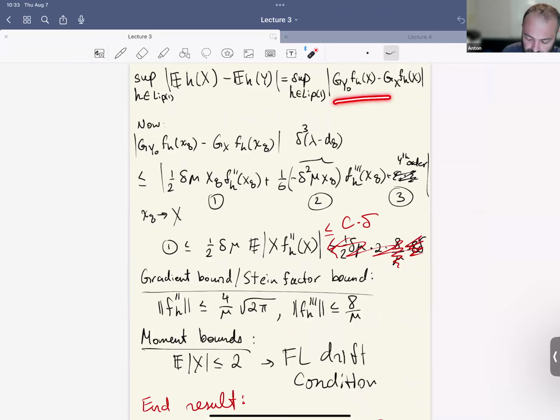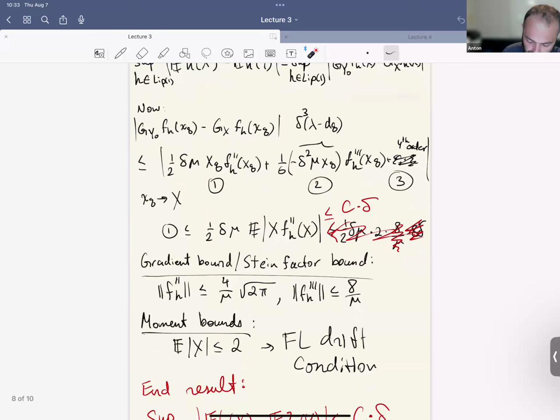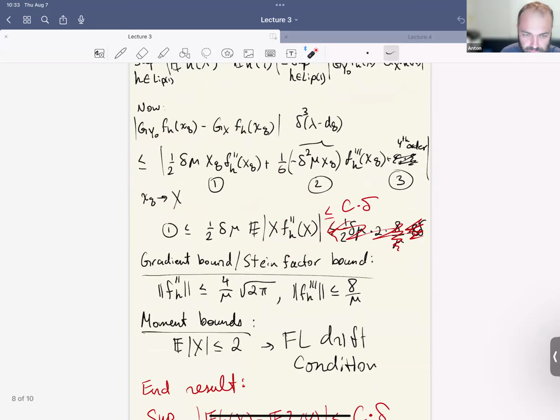And then once we actually zoom in on this error, we see that it depends on two things. So for example, let me highlight term number 1 here. Term number 1 has some kind of expected value of the first moment and how big is the second derivative.